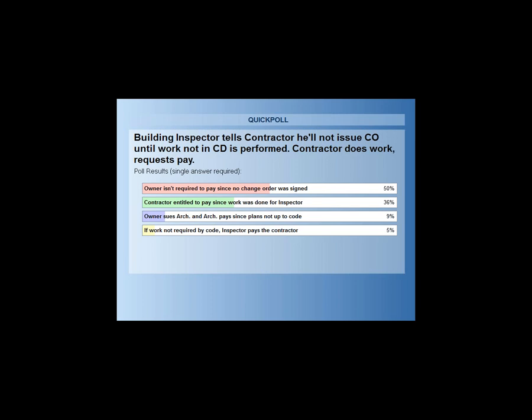I do know that there have been scenarios out there, I just can't recall one now, not on any projects I've worked on. But my experience is sort of a combination of the first three. While the owner isn't obligated to pay, they typically do end up paying because the contractor had to do the work in order to meet code, and that's the assumption here, that this is work that was required to meet code.